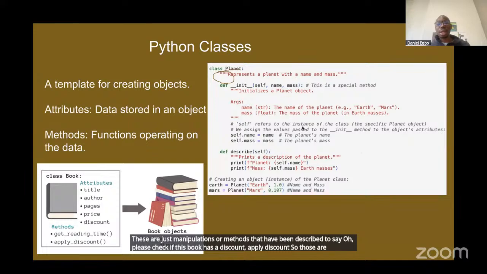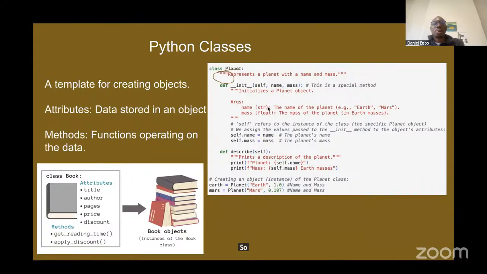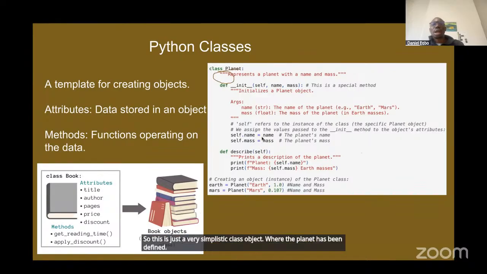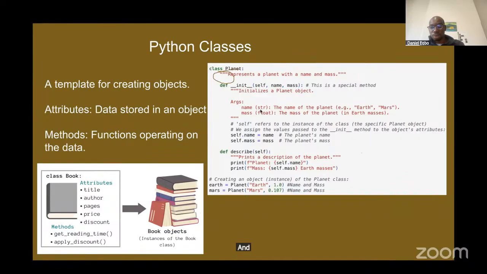Now, looking at this example you do have in your notebook, we've created a class here called Planet. This is a very simplistic class object where Planet has been defined. It has two attributes, the name of the planet and the mass of the planet. Pay attention to the structure.